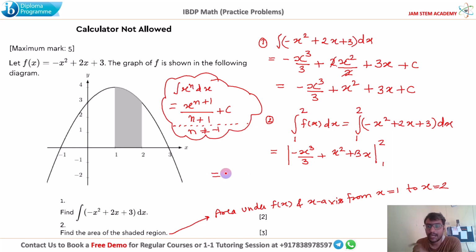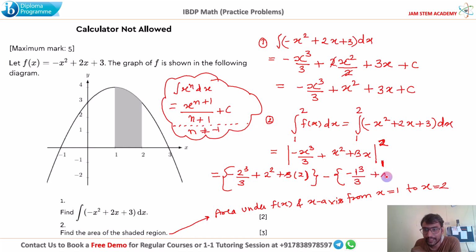So put upper limit, means everywhere in place of x substitute 2. Okay, so that gives me negative of 2 cubed divided by 3 plus 2 squared plus 3 times 2. After doing this, all you have to do is take a negative sign and substitute the 1 everywhere, which is the lower limit in the problem. It gives me negative 1 cubed divided by 3 plus 1 squared plus 3 times 1.